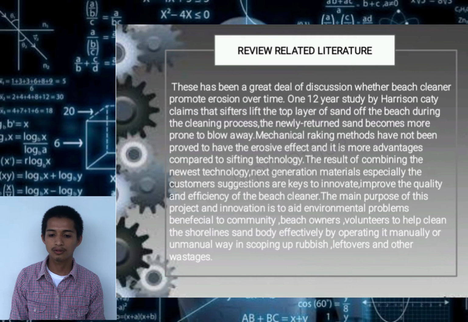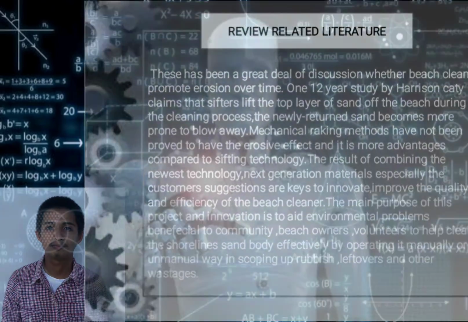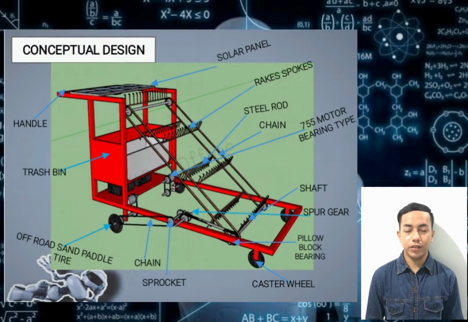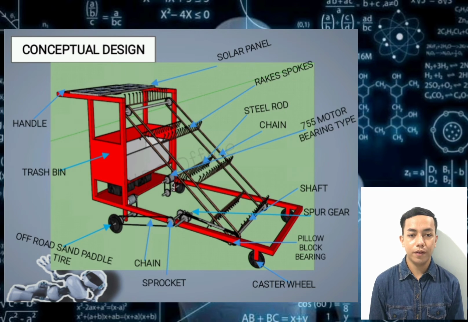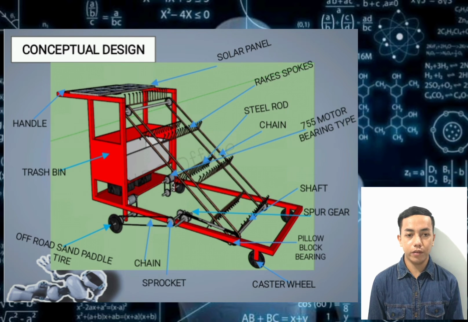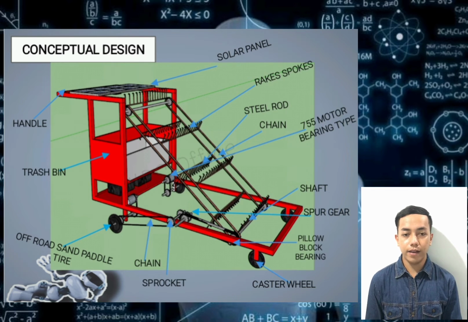And for conceptual design and working methodology, let's have Mr. Indoy. Thank you, Mr. Quezon. Now, this is our conceptual design. Based on the existing beach cleaner robots from 2015 to 2020, their innovations and developments implement artificial intelligence, remote controllers, tractor fold, fossil fuel, and others use solar power.